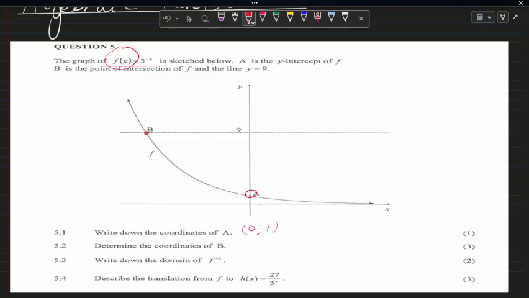Let's do that. Now, at point B, we can agree that the equation there is y is equal to 3 to the negative x. Basically, the equation of the exponential function at this point. Okay, because the graph passes at this point, so we can use the equation.